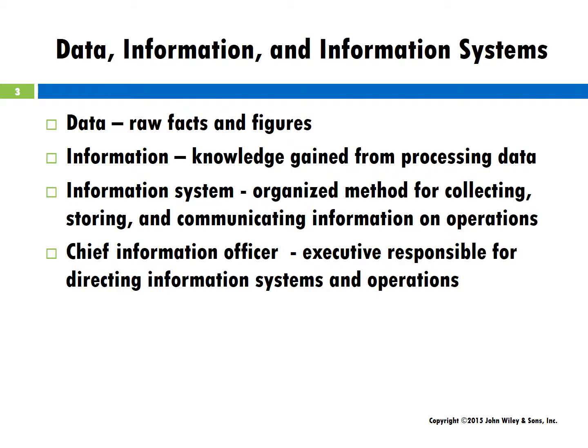Now, information has gotten more and more attention in terms of its importance for a business. In the past, you always had the chief executive officer for a company or the chief financial officer or chief marketing officer. But lately, information has gotten more attention. And now, at the top of the technology organizational chart, you have something called the CIO, or the Chief Information Officer.